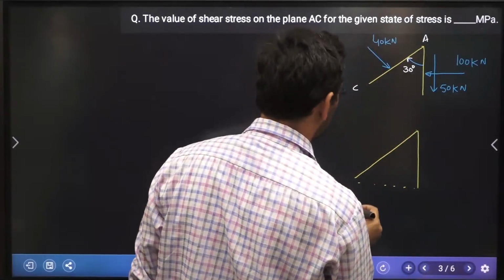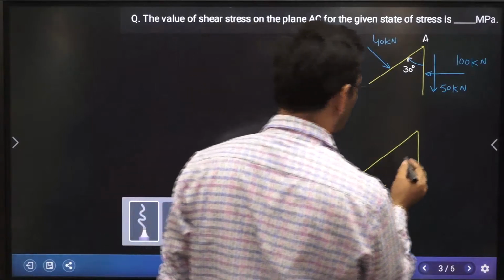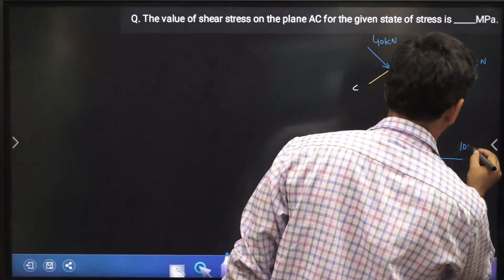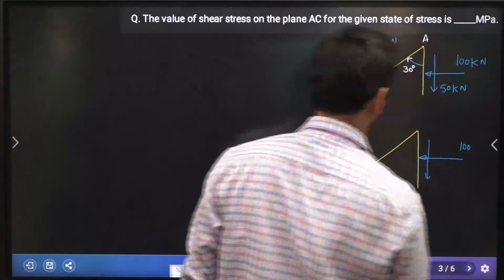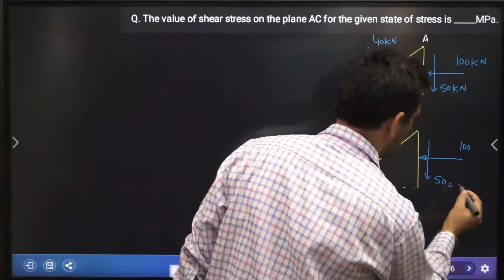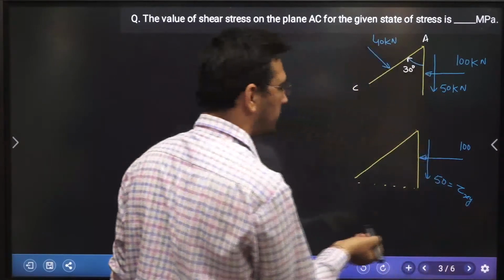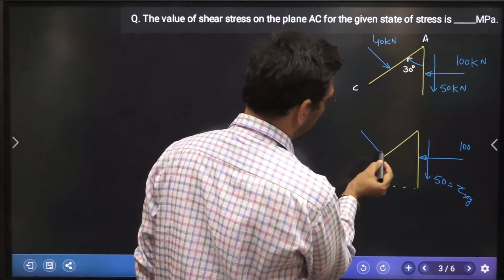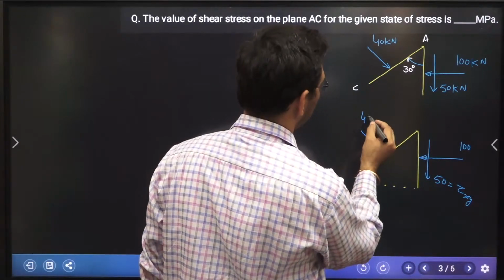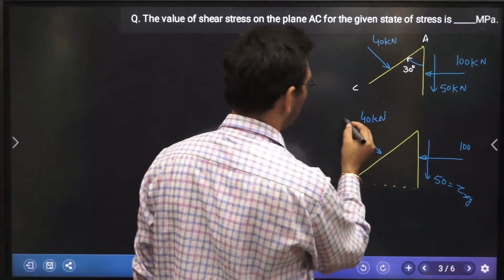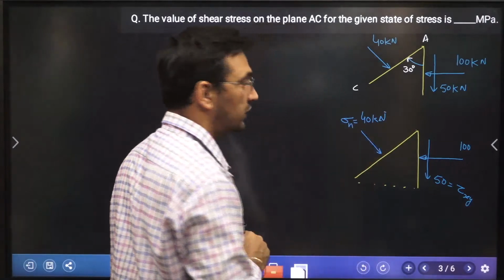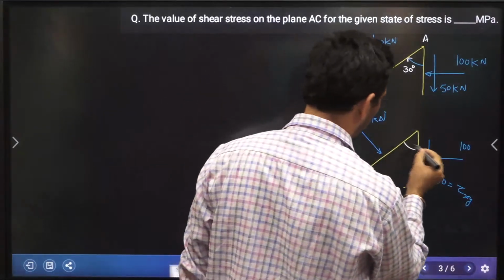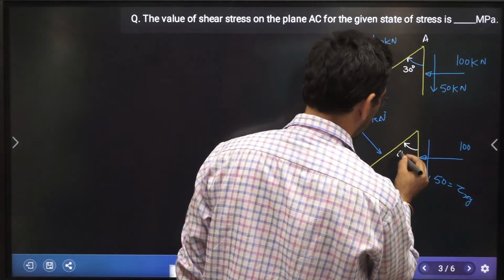So you're already having 100, 50, and this becomes my tau xy, or tau yx, whatever you want to say, in this direction I can show. So over here you are having 40 kilonewton, and this 40 kilonewton is what? This value is sigma n, which is given to you: the normal stress acting on the inclined plane at 30 degrees from the x plane. Theta is equal to 30 degrees.